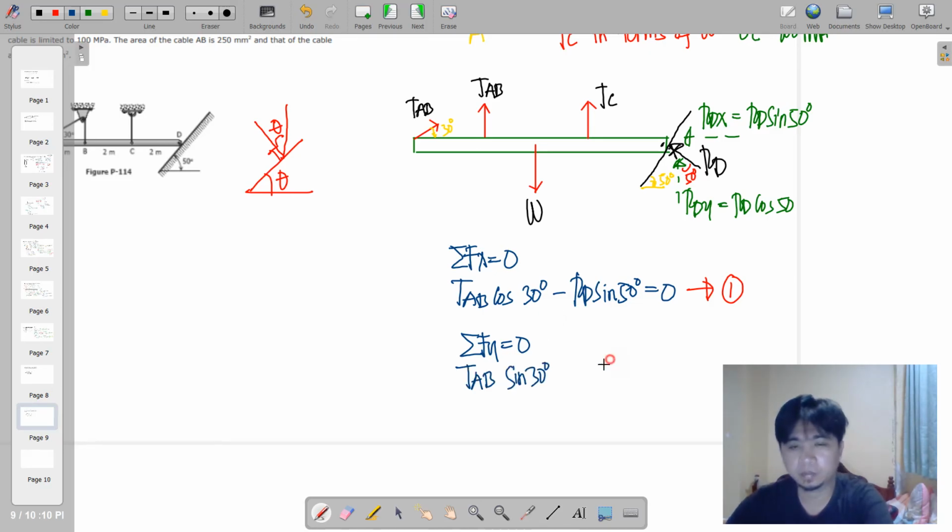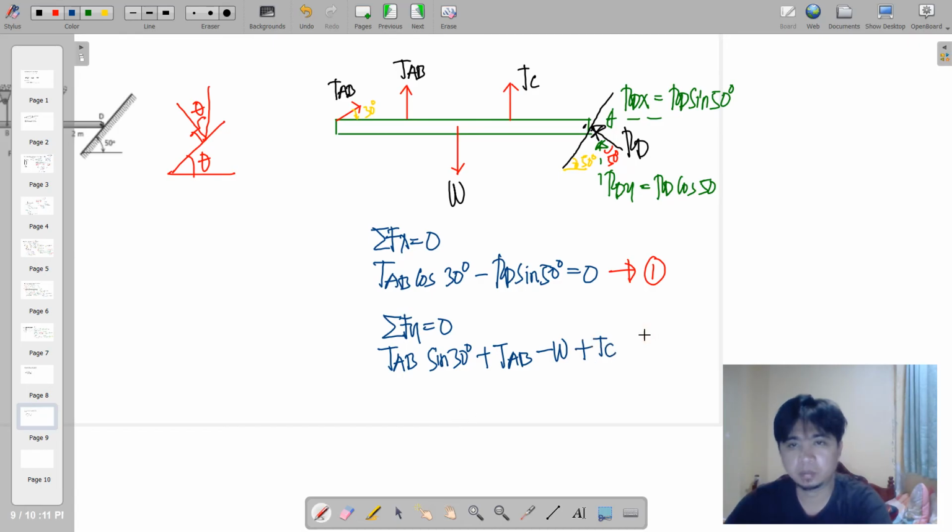We have upwards TAB sine of 30 degrees, another upwards TAB, less downwards W, plus upwards TC, and then upwards RD cosine of 50 degrees. So all of this will be equal to 0.